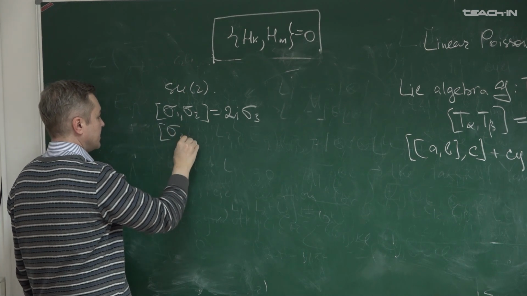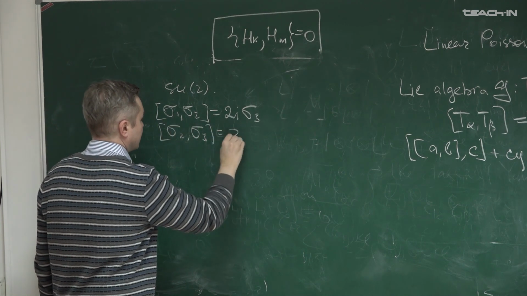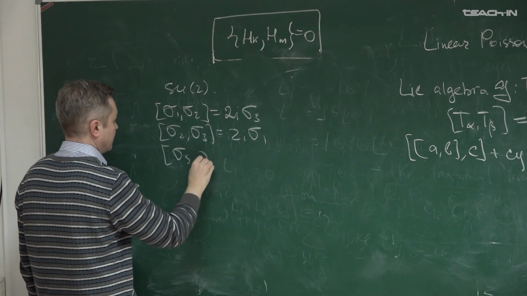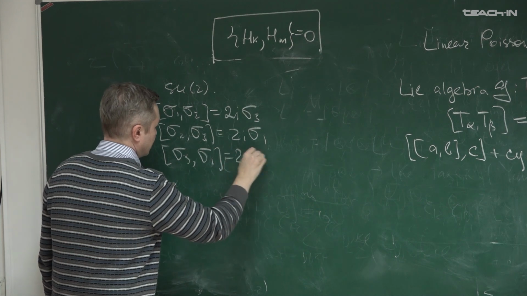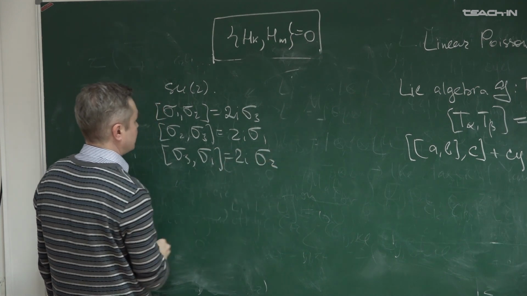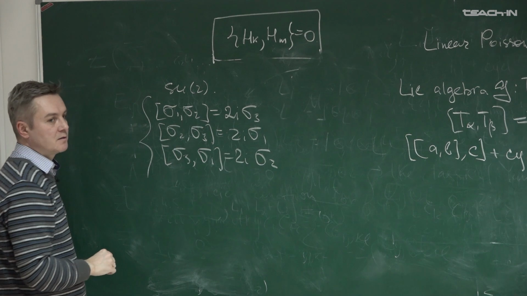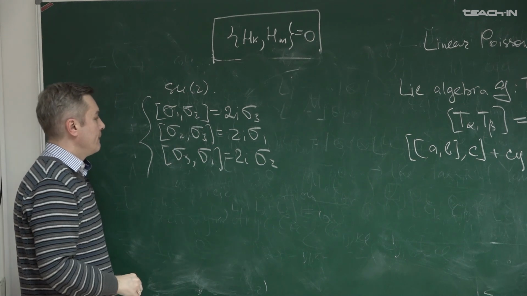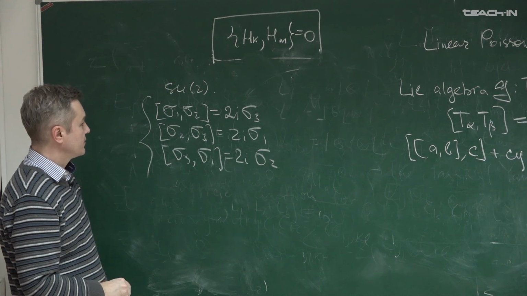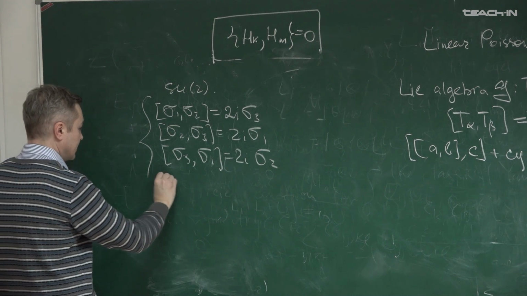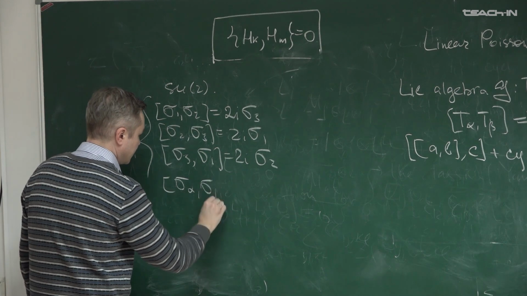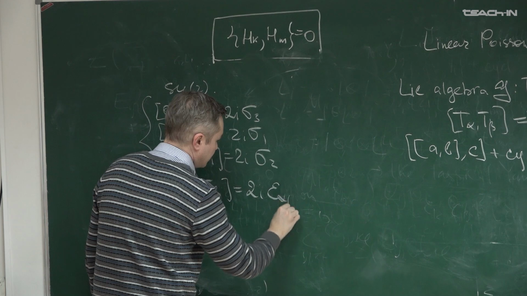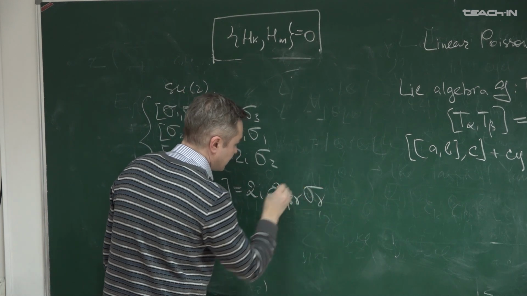Okay, let me write it like so. This is the relation for the SU2 Lie algebra. This is a set of relations. Or we may just write it like the commutator of sigma alpha and sigma beta is equal to 2i epsilon alpha beta gamma sigma gamma.